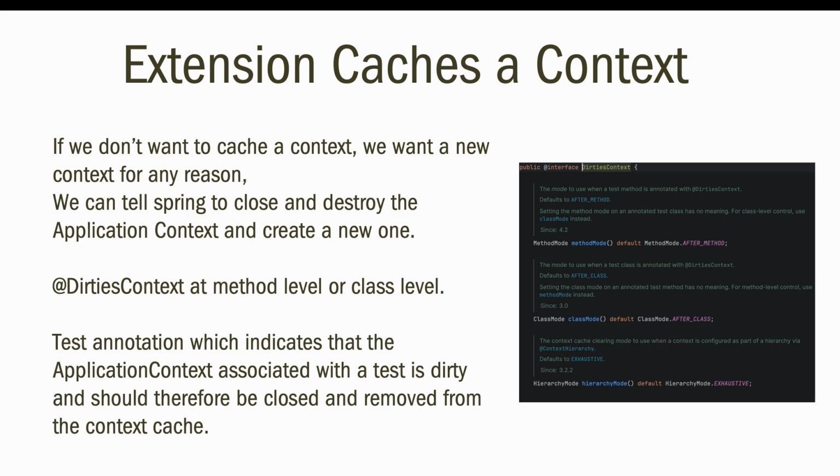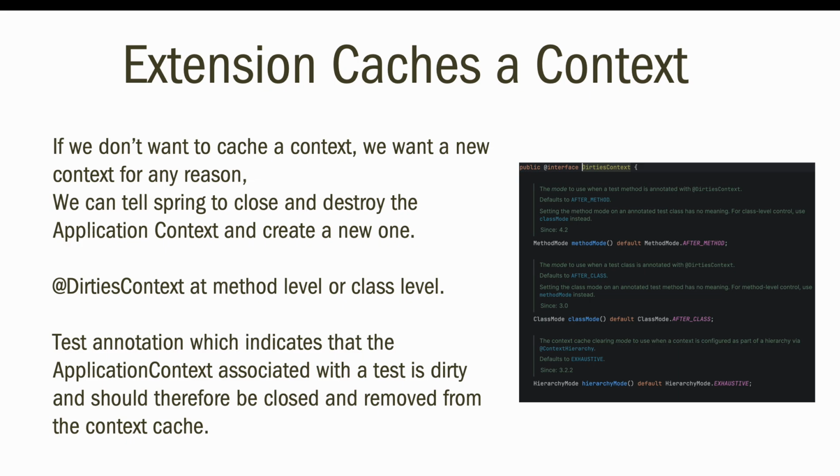They cache a context so that all your test methods in the test class do not have to create a new application context for each single one of them. You want to create one application context that will be used for all your test methods in the class. So to avoid having an application context for each test method, you cache that application context.